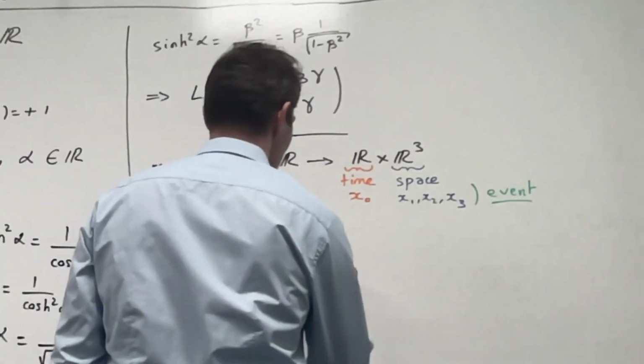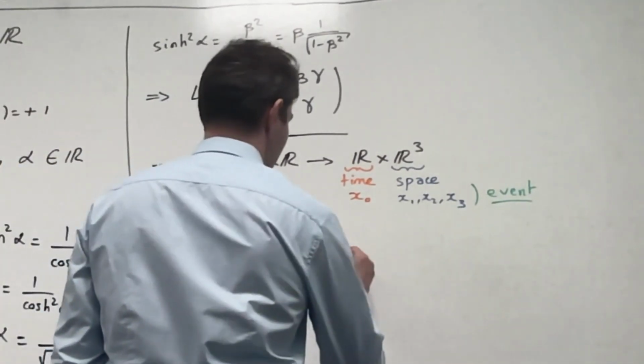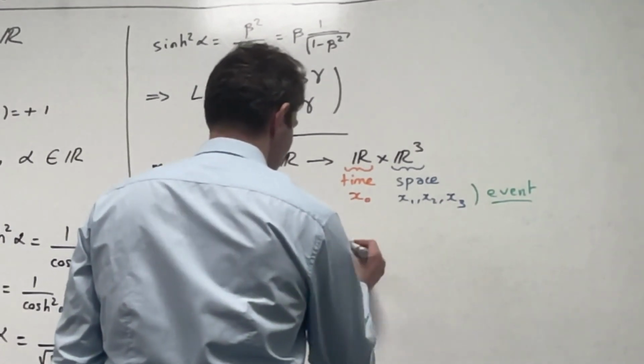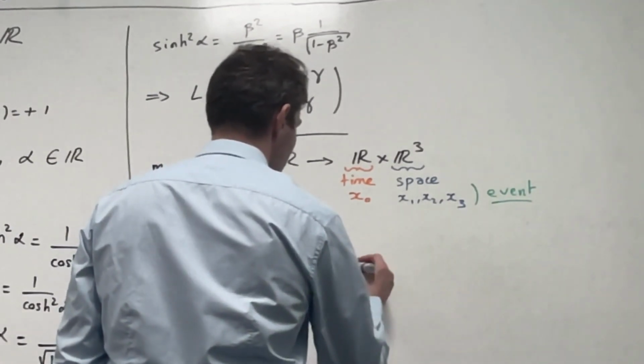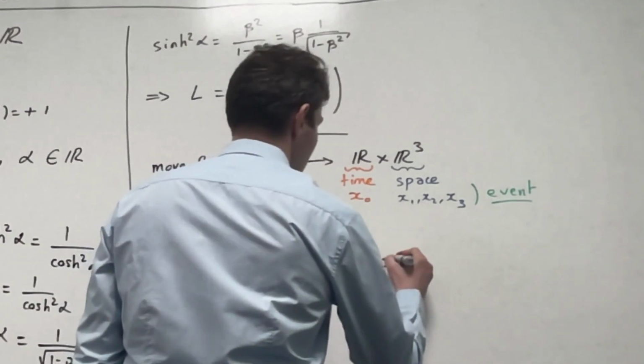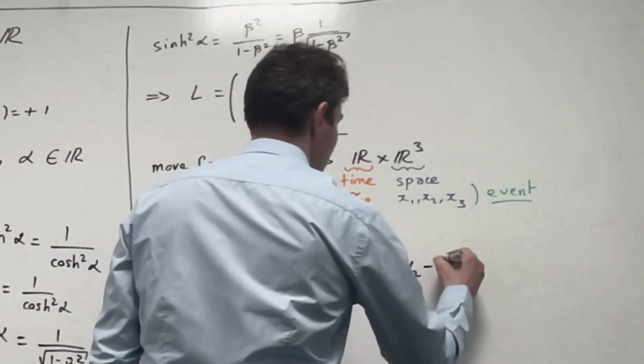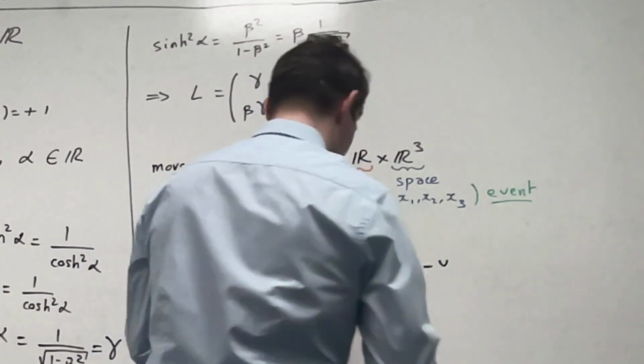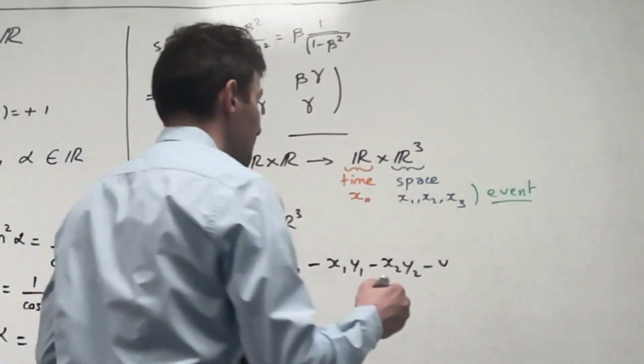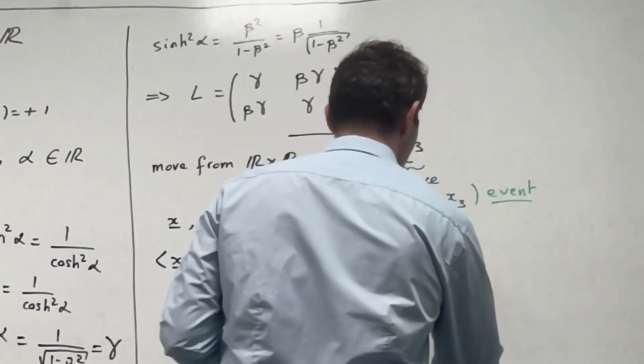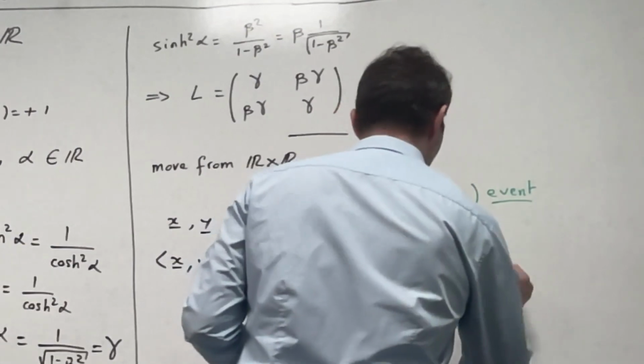And this is going to be minus, and then, there are multiple ways to write it, so that's x1, y1 minus x2, y2 minus x3, y3.